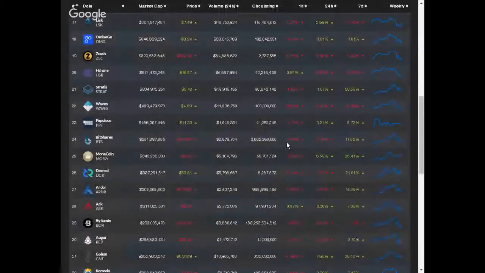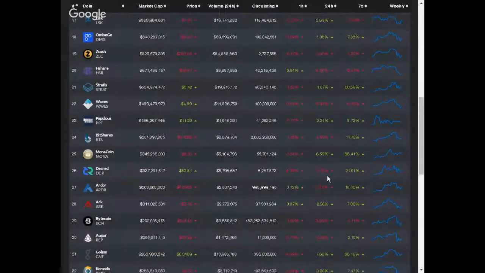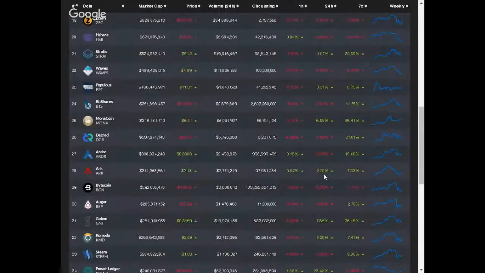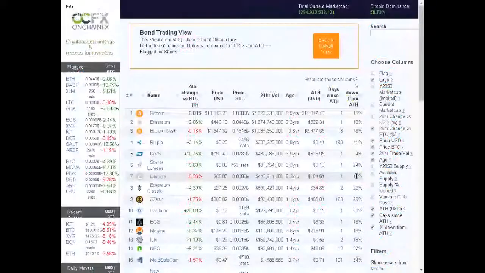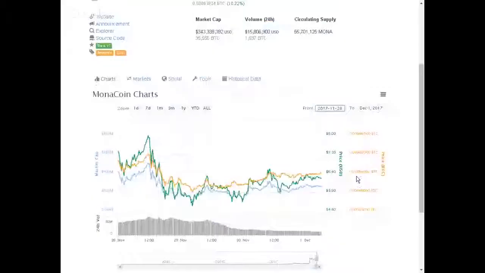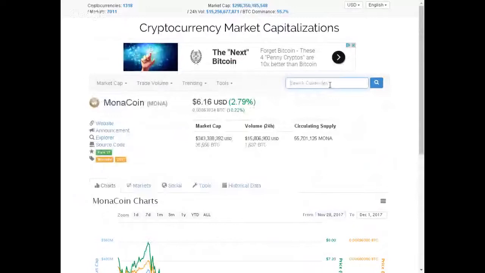Okay, what's another one? Ark was on my short list here. It's up 2.2% on the 24-hour and up 7% on the 7-day. Let's take a look at it. Arc.